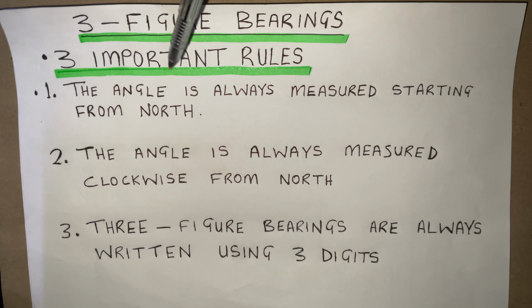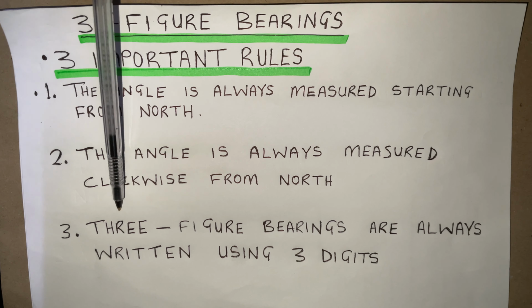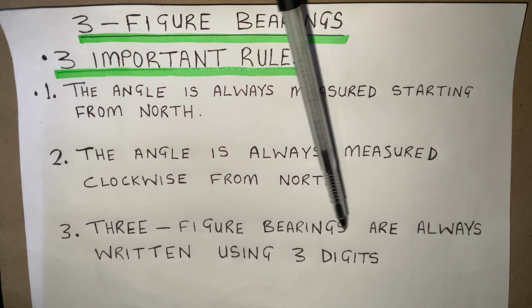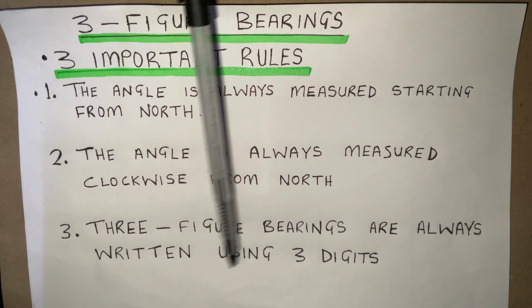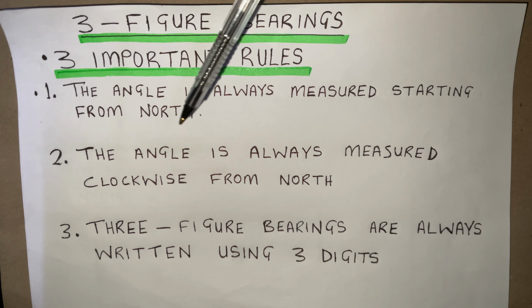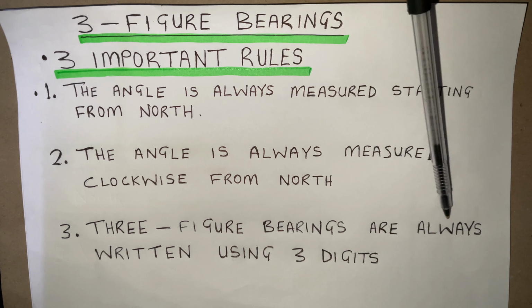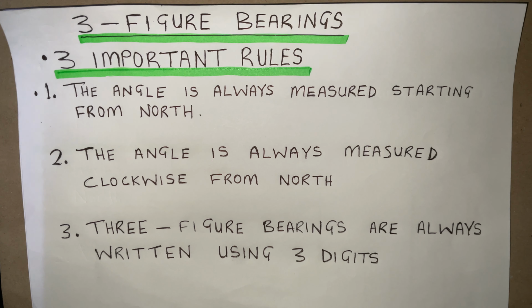The third rule says three-figure bearings are always written using 3 digits. To remember this, any angle which you measure and is less than 100 degrees is prefixed with a 0.